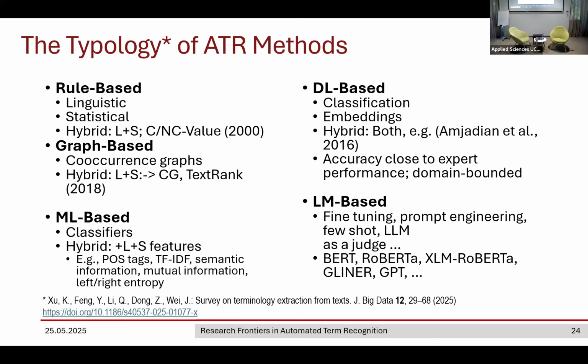Prompt engineering is also exploited, like we mentioned when we analyzed zero shot and few shot for ChatGPT over the Golden Gate Bridge text. And LLM is also used as a judge here. Those are the examples of language models which have been used in the published work on automated term recognition using language model-based approaches.